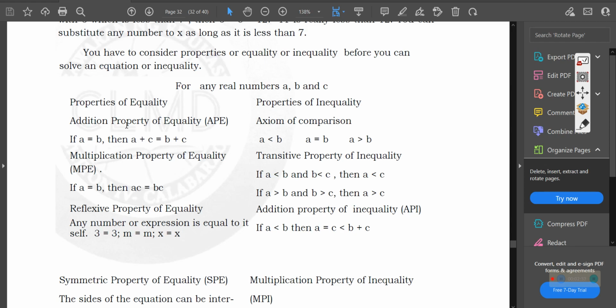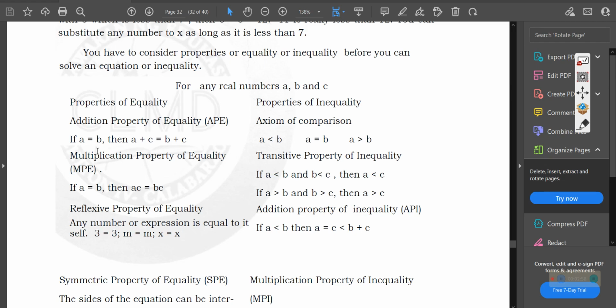First po is the addition property of equality or simply APE. Okay, APE states that if A is equal to B, then A plus C is equal to B plus C. Meaning, if we have initially two equal quantities, adding the same value will not change the equality.